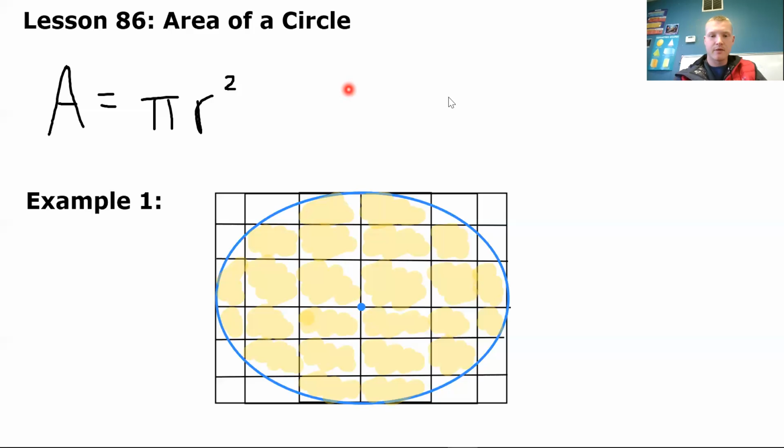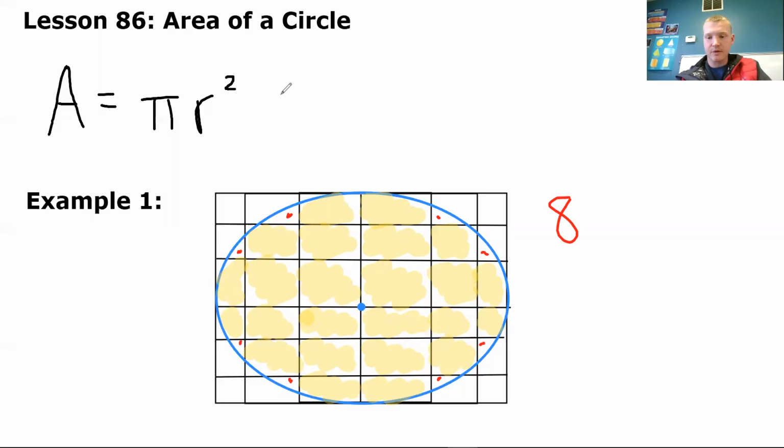With my red pen, I'm going to put a dot inside all of the ones that are not completely shaded. 1, 2, 3, 4, 5, 6, 7, 8. So we count eight such half squares. Since 1/2 of 8 is 4, we add 4 square units to the 24.